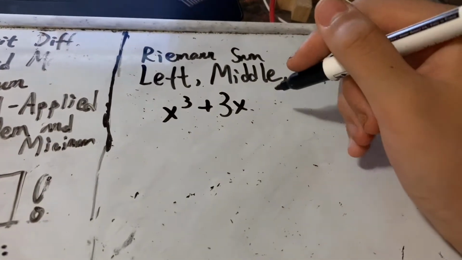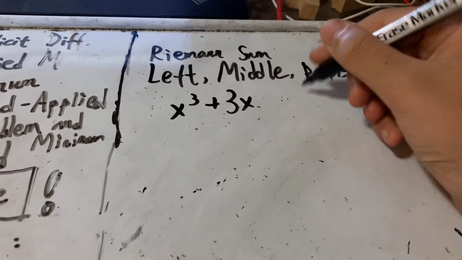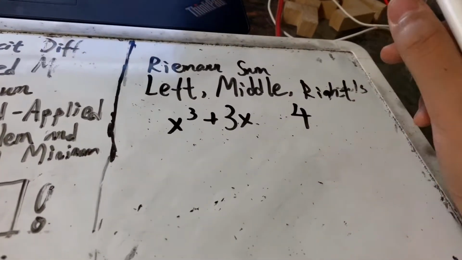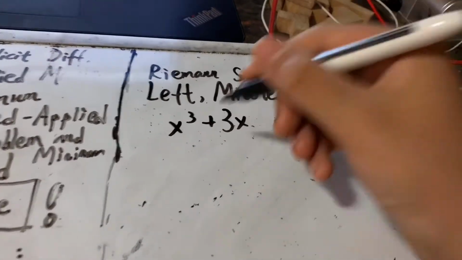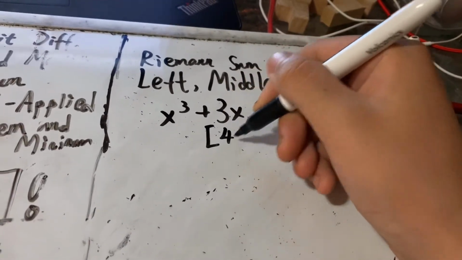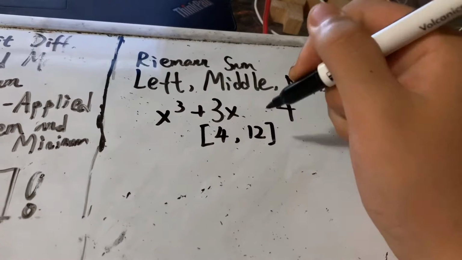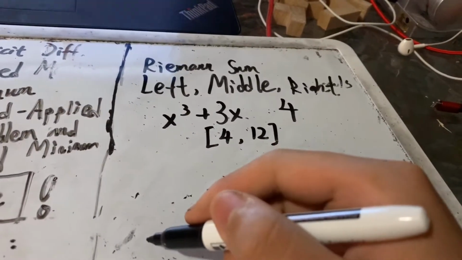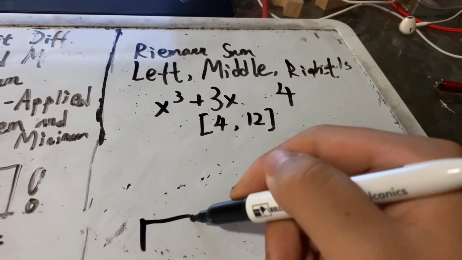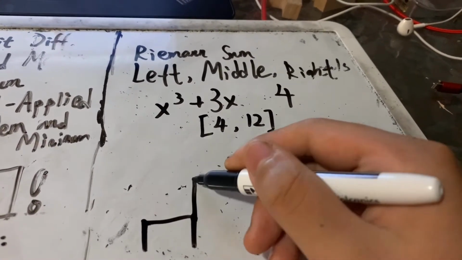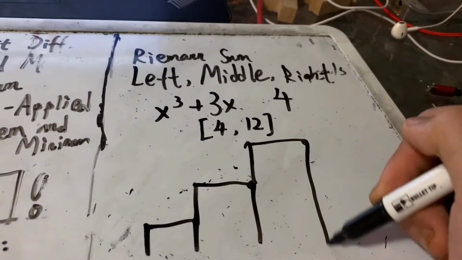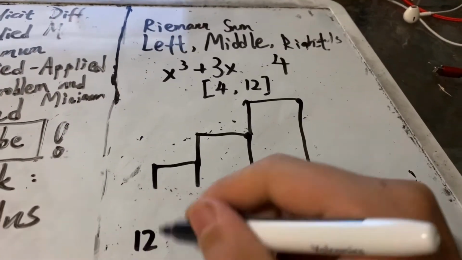We ask you to approximate it through a Riemann sum with steps of 4. Right Riemann sum, remember, on the interval 4 to 12. To calculate it, you only need to calculate this.